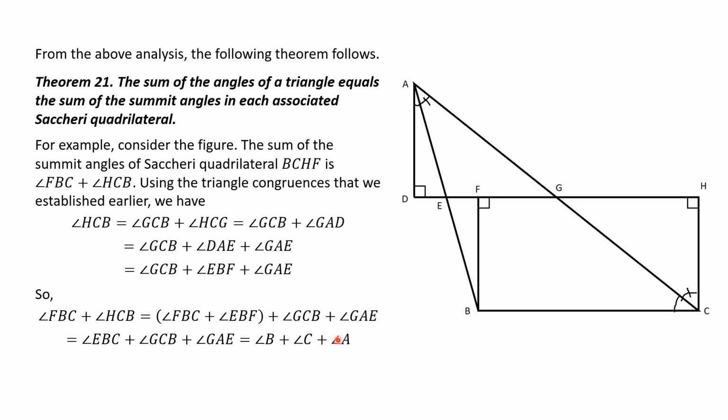And so we've shown that the sum of the two summit angles is equal to the sum of the angles at each vertex of the triangle, which is what we wanted to show. So it's just one of several cases, but just to give you an idea how the proof goes, it's pretty similar in the other cases.